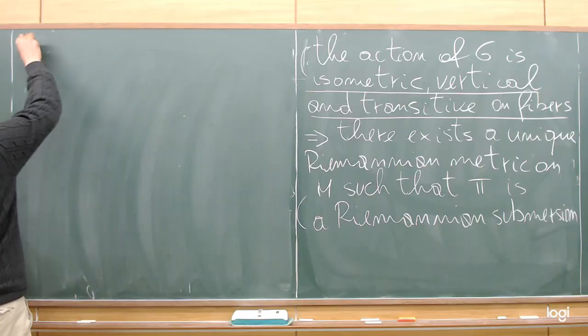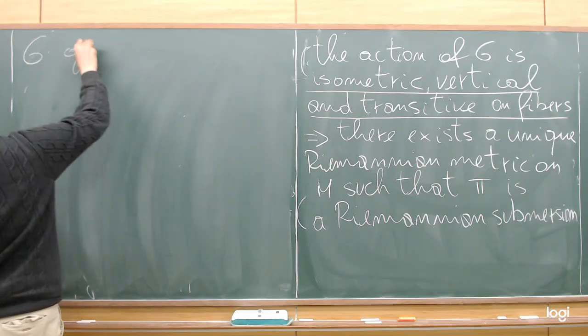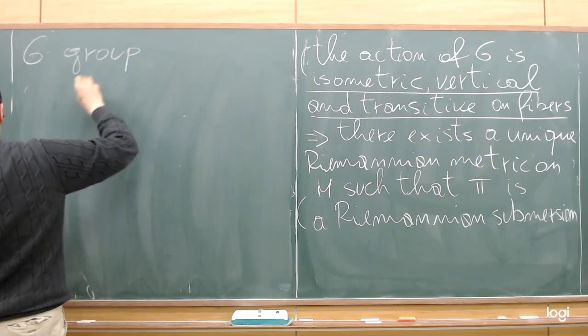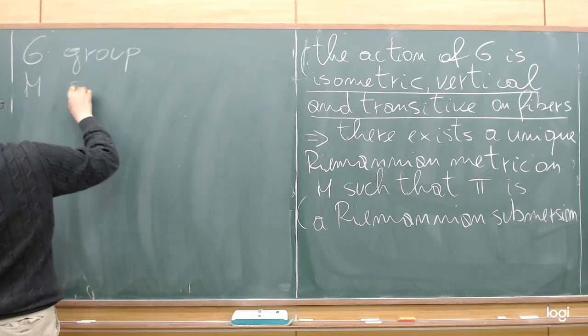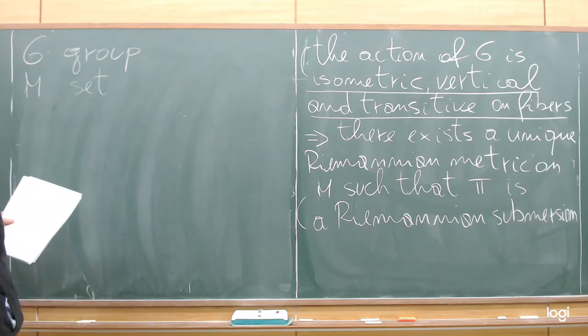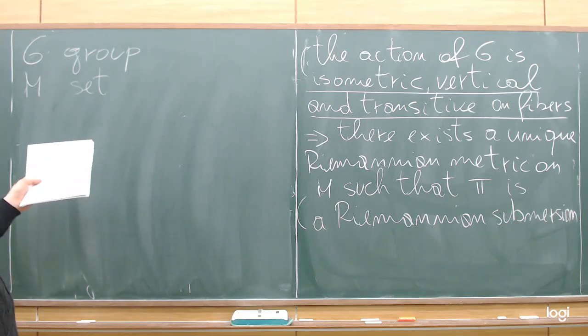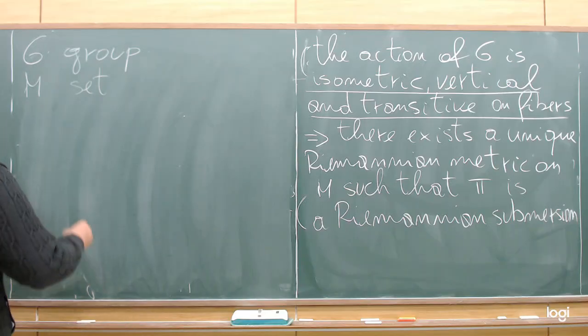So suppose that G is a group and M just a set, but we will use these definitions in the case where M is a manifold.